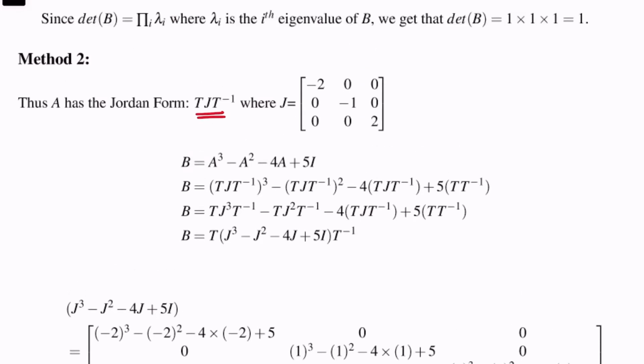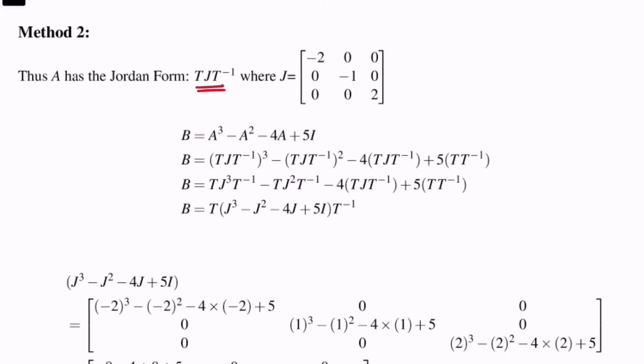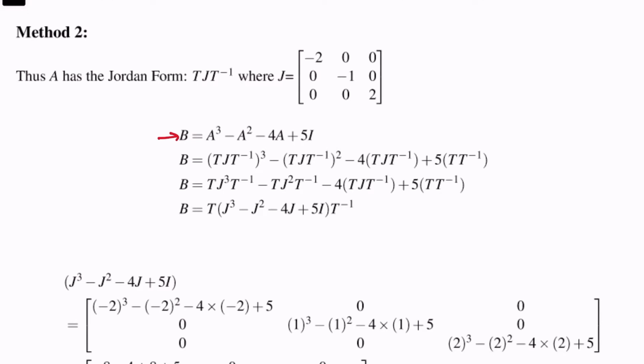So now, given that A is equal to T J T inverse for the following J, we can then substitute for A in the expression for B. So you'll get T J T inverse power 3, T J T inverse power 2 and so forth.